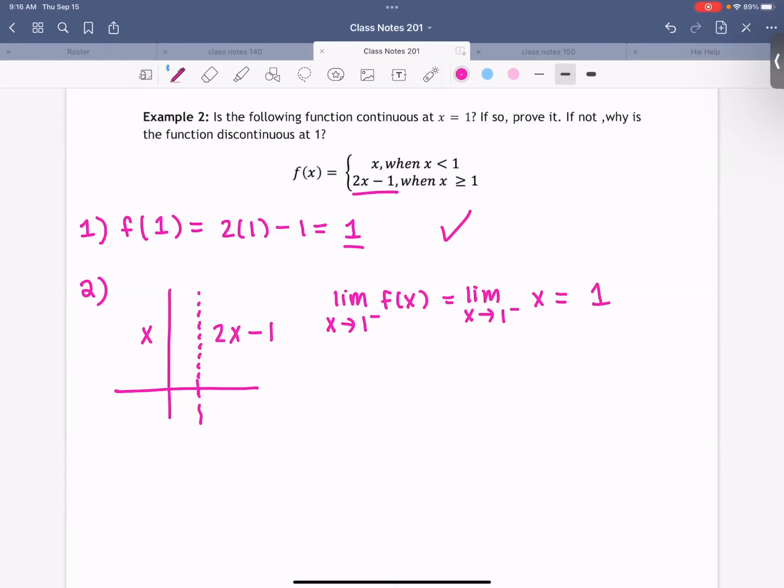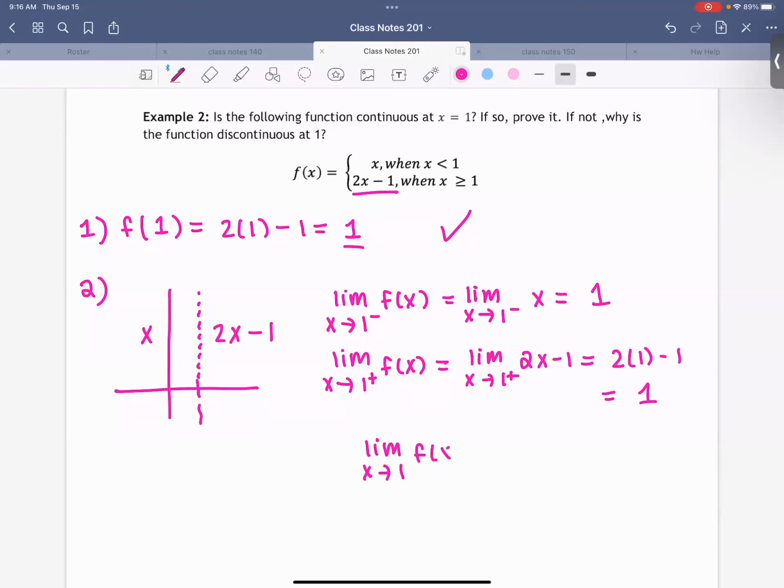Just plugging 1 into x. All right, let's go from the right. The limit as x approaches 1 from the right of our function. We're not going to focus on x anymore. We're going to focus on 2x minus 1, right? Because that's on the right. Okay, plugging 1 in, you're going to get 2 times 1 minus 1, which is 1. Good.